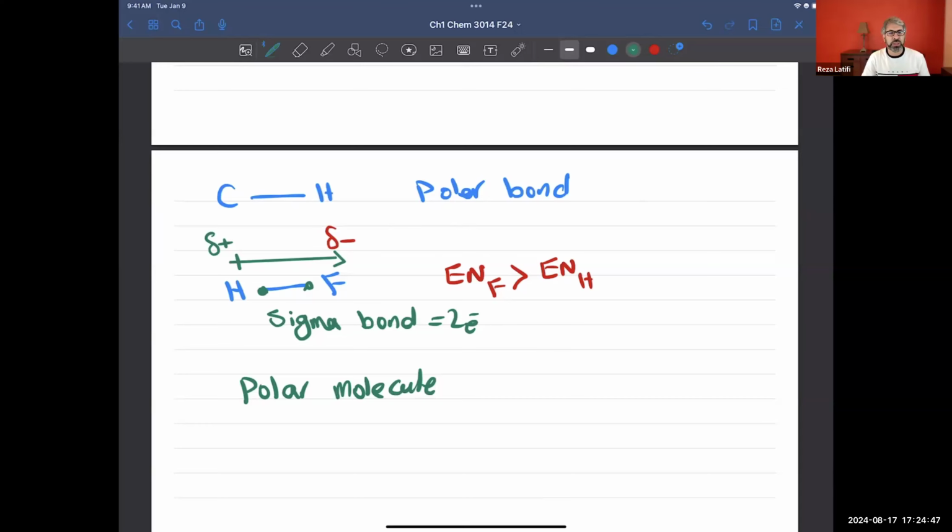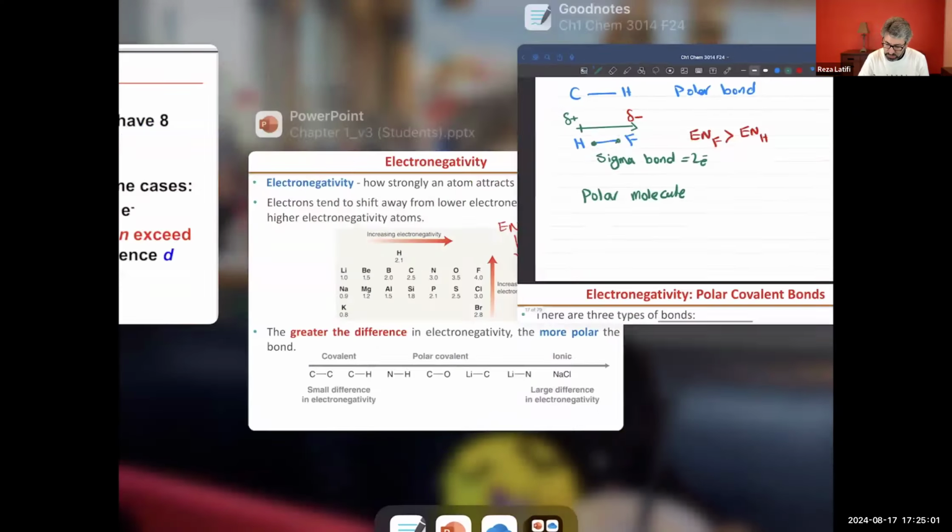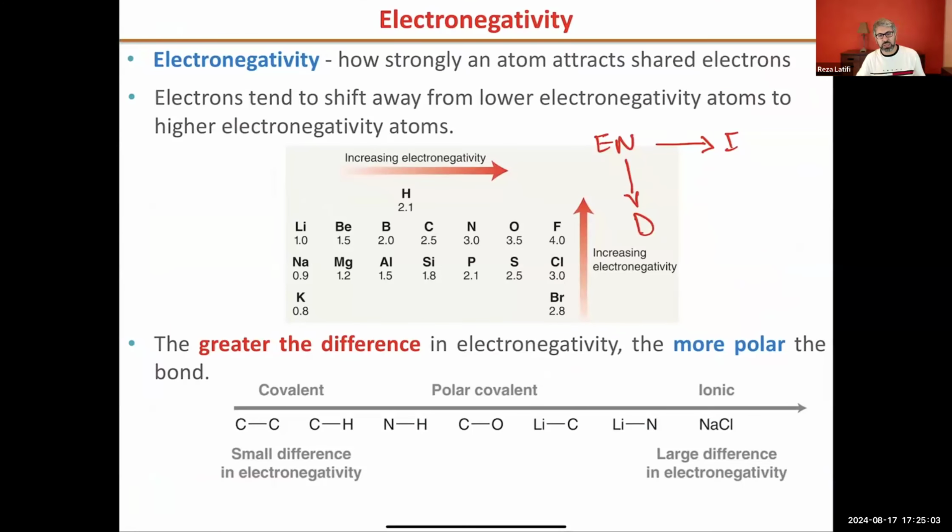Now, in order to call the molecule polar, you need to have a difference in electronegativity. It depends how far apart those two elements are.